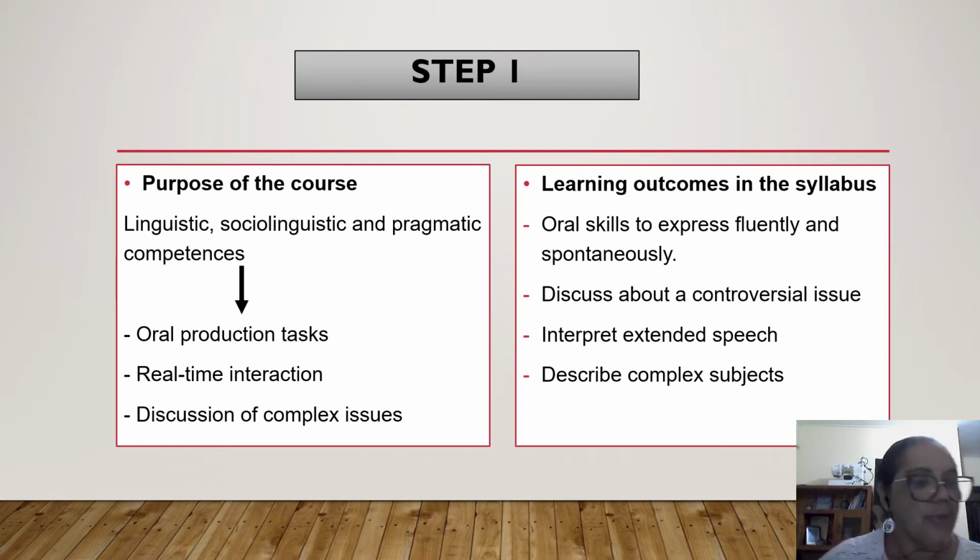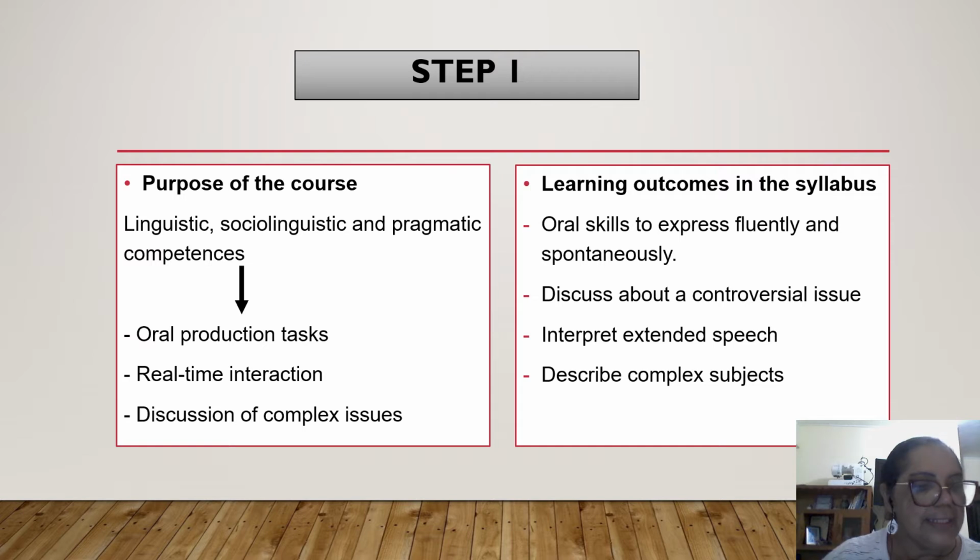For example, to demonstrate oral skill to express fluently and spontaneously about different cultural subjects for social or academic purposes. To discuss controversial issues, using pro or con arguments to compare towards a specific point of view.